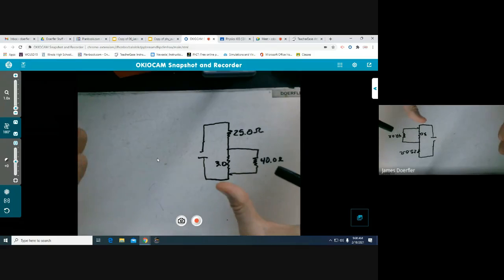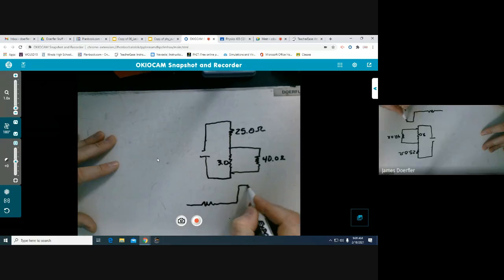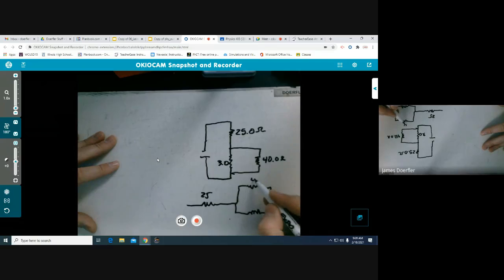The ones for your homework you might see are a little more tiered. If you want to, you can just make this the equivalent of this, where you have 25, 40, and 3.